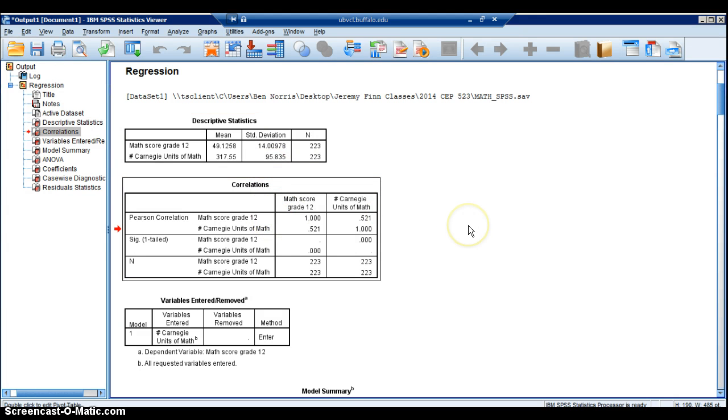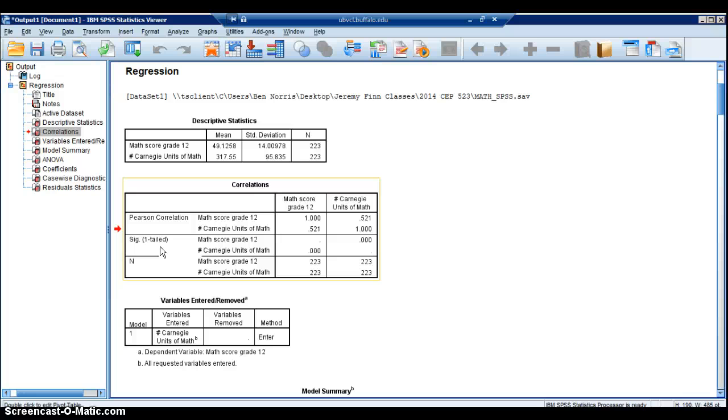Go down to the next box. You have your correlation between math units and math achievement, and it's 0.521. If we want to know if that correlation is statistically significant, we could look at the significance box right underneath it. But keep in mind that it says significance for a one-tailed test, okay? So that would be if you're doing specifically either just the greater than test or specifically the less than test.